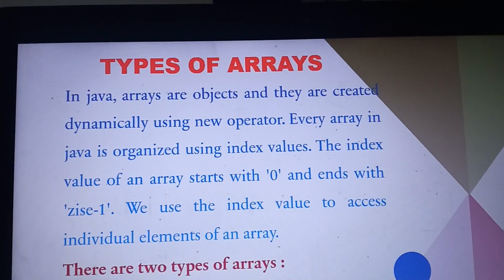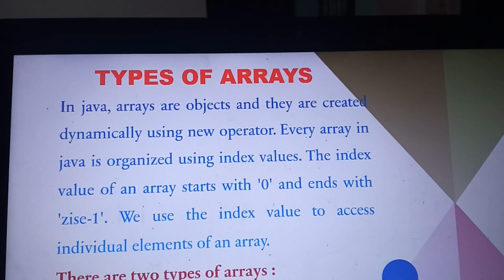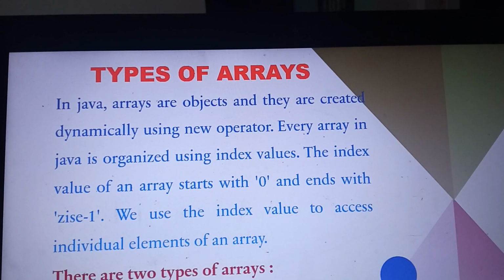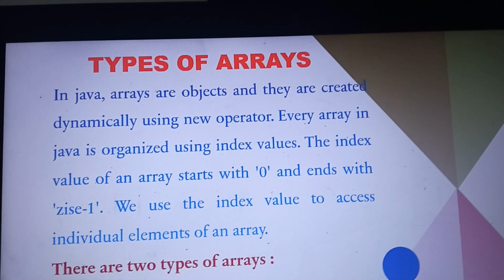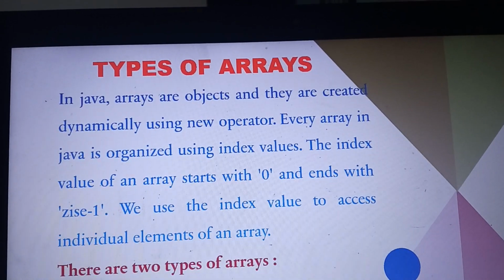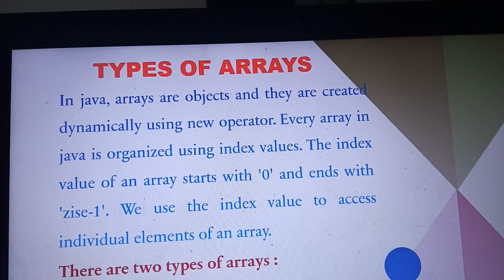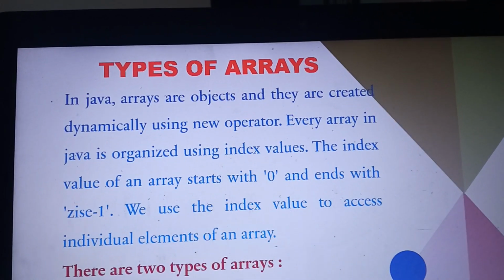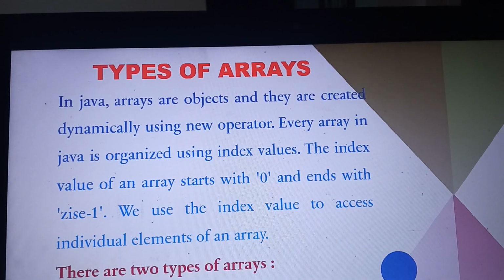Here arrays are object type and they are created dynamically using the new operator. That means we use dynamic memory allocation, not static allocation. We declare it directly using the new keyword.